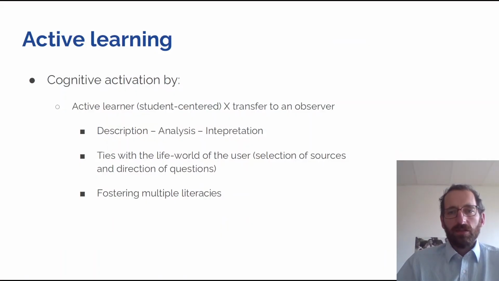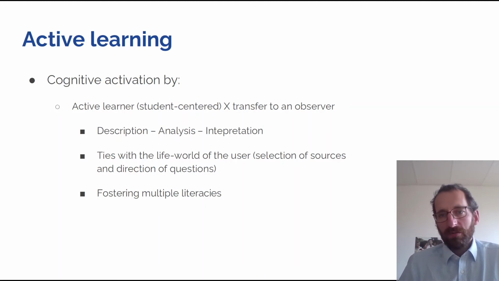Dense interaction with the material might be rephrased as active learning. We want the user to be cognitively activated by our approach and our material. We want an active learner.